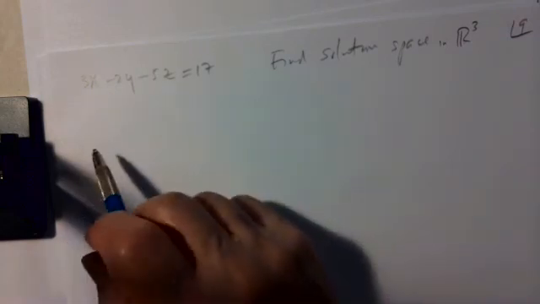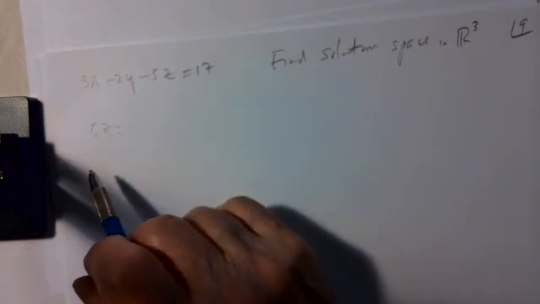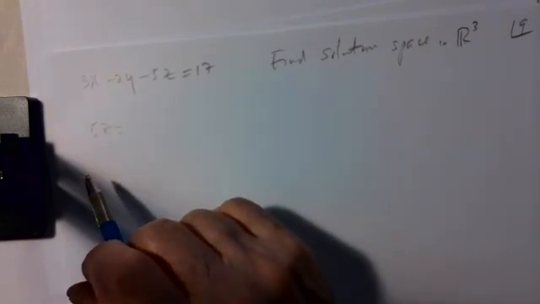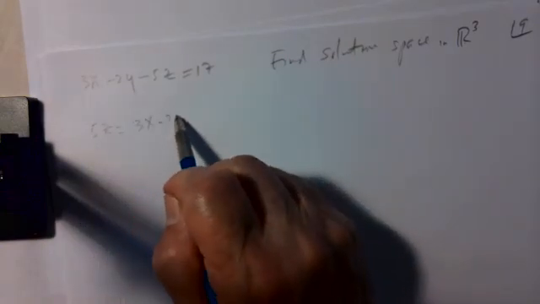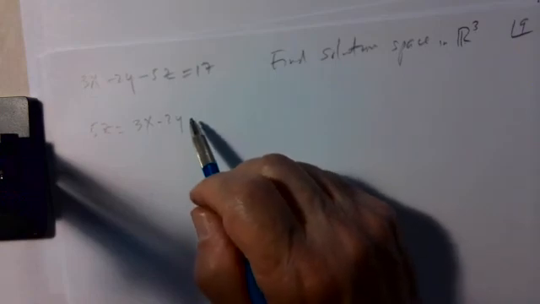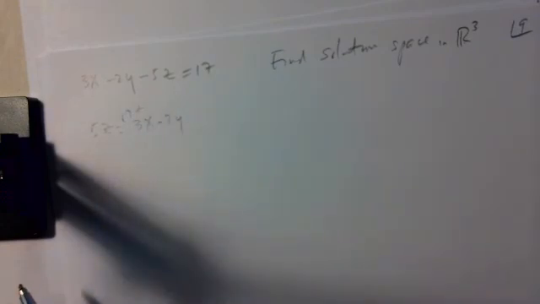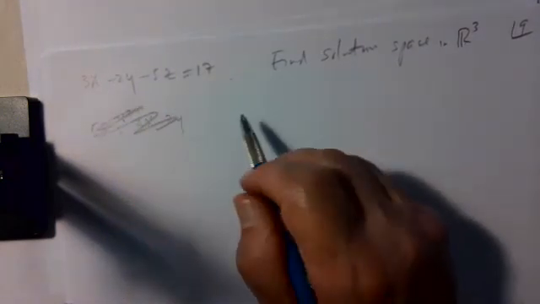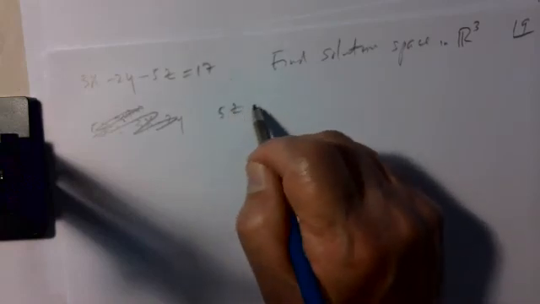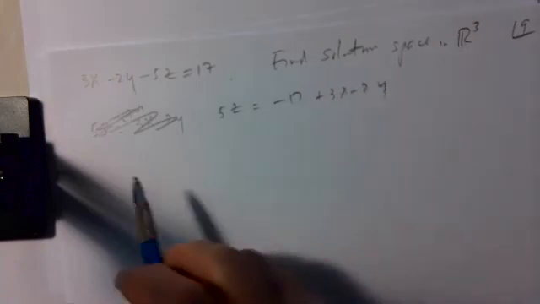So one thing we could do is solve for z. If you solve for z, what do we get? Bring this to the other side: 5z is minus 17 plus 3x minus 2y.